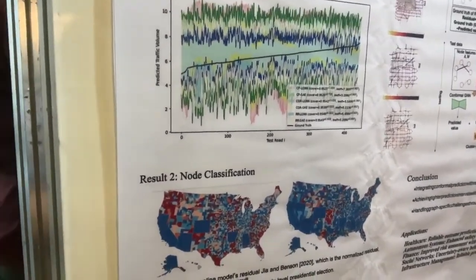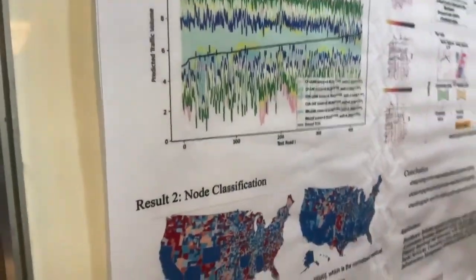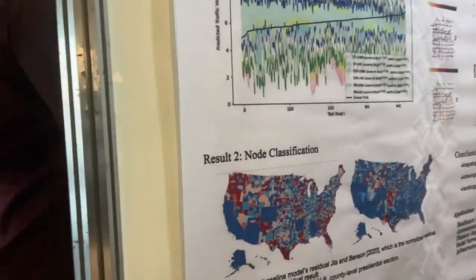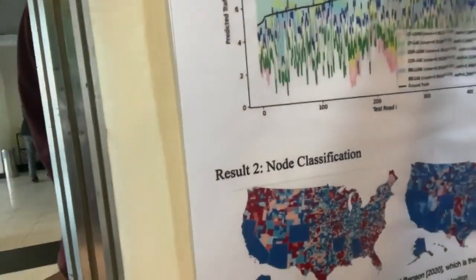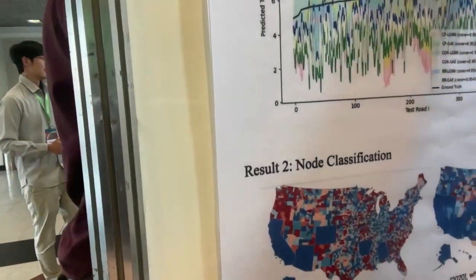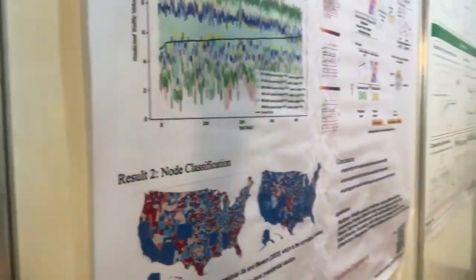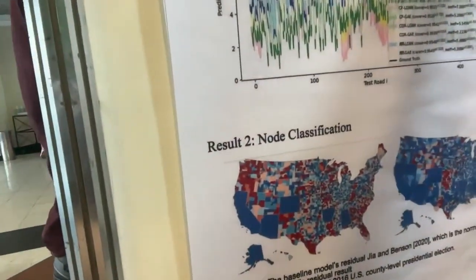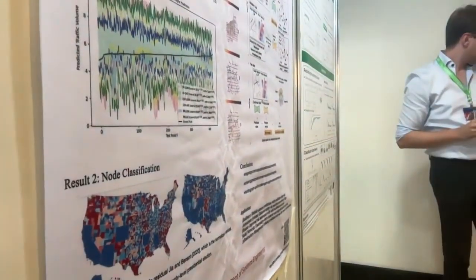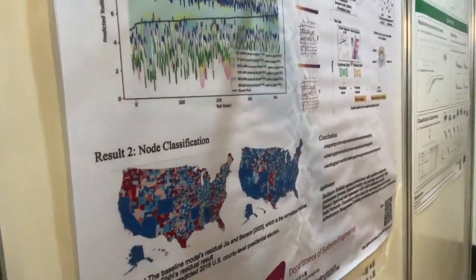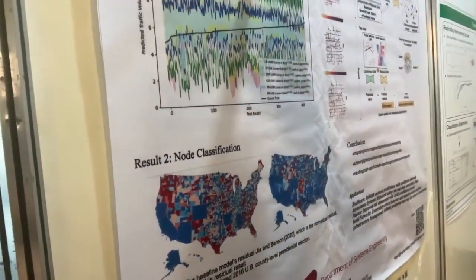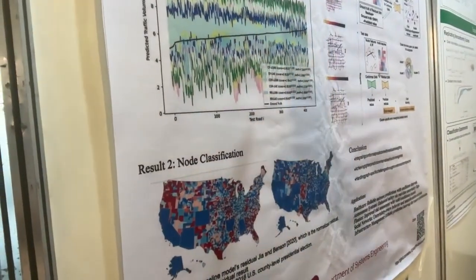So what's the result? What was the difference? First, the coverage is around 95%, and the interval is much better. And do you have the initial noise for this?